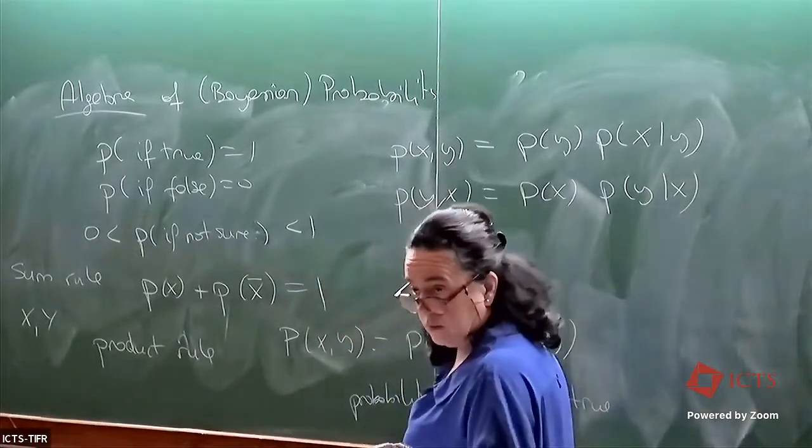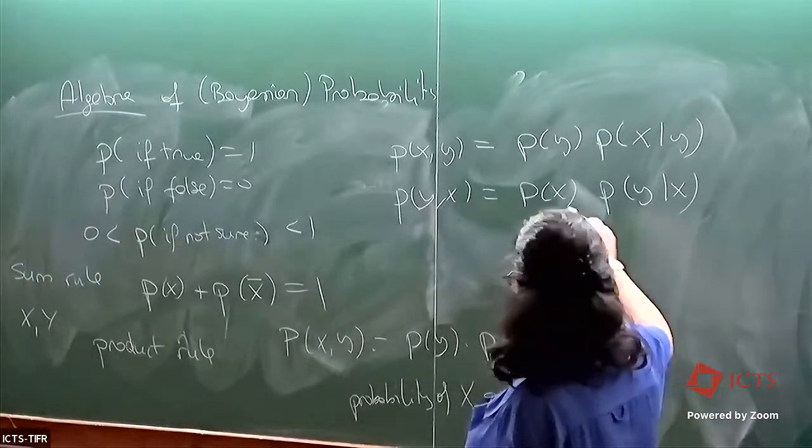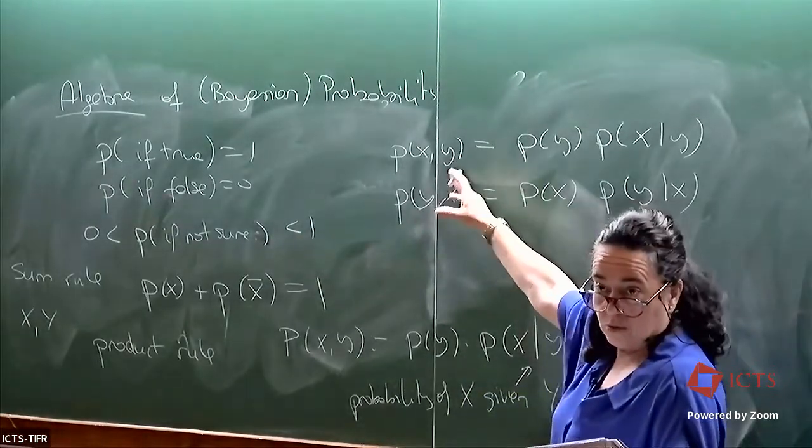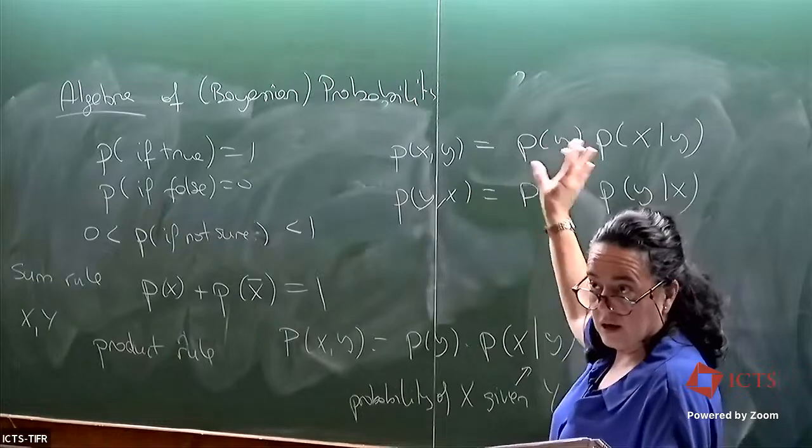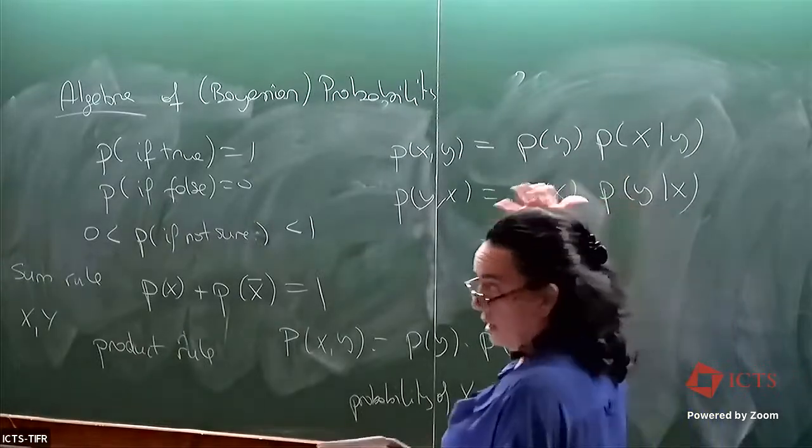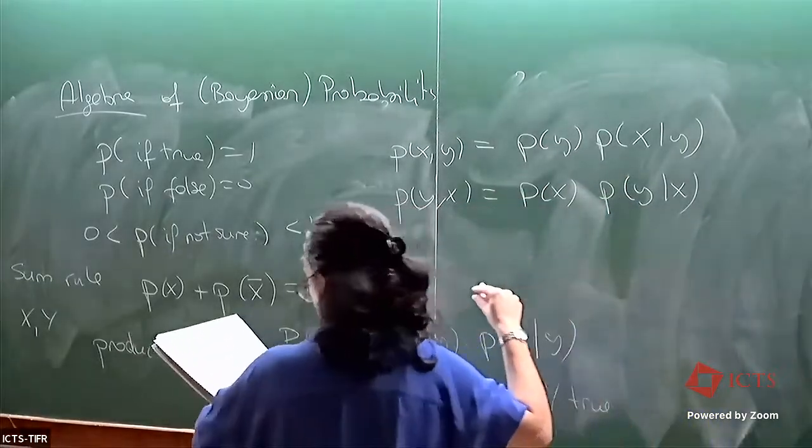This is the same. Since this is the joint probability, these two quantities are the same, so I can equate the right-hand sides of both equations.